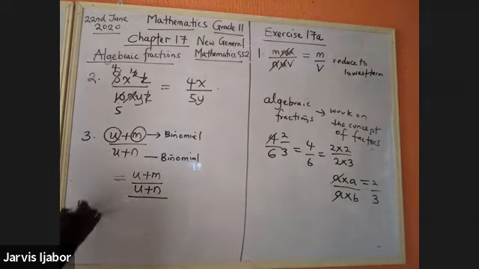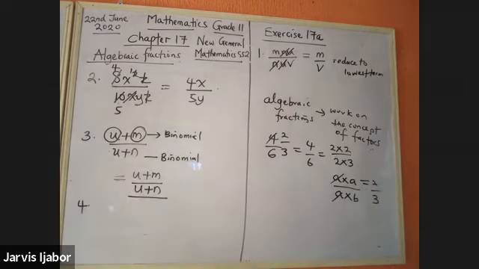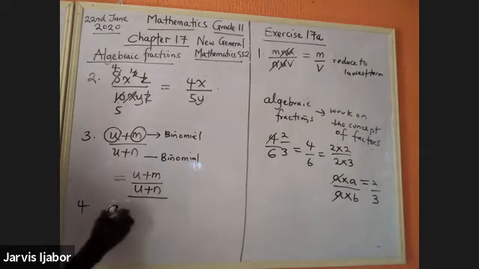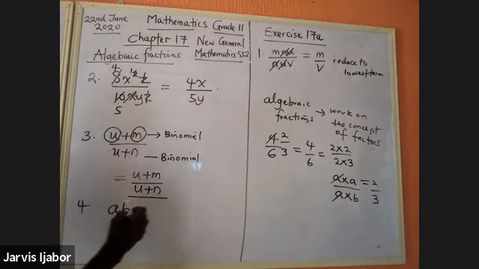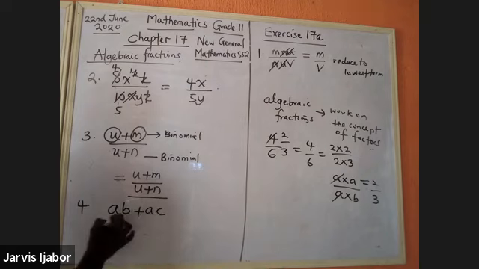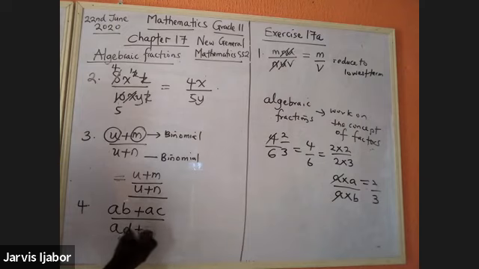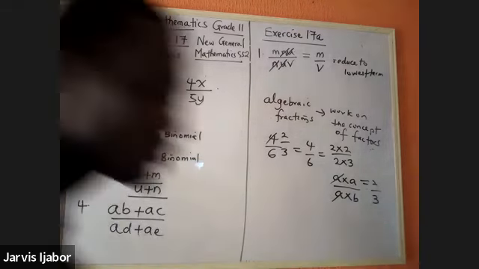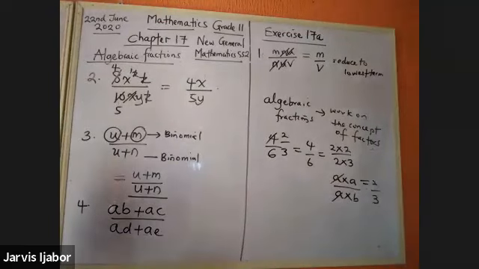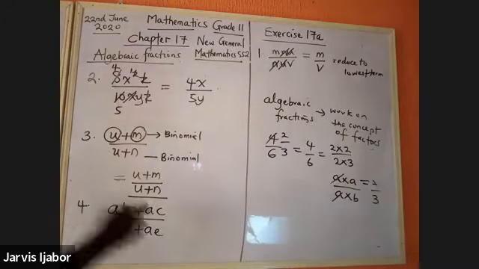Now let's go to number 4. In number 4, you have (ab + ac) over (ad + ae). Now, we will try to look at what is common to both.